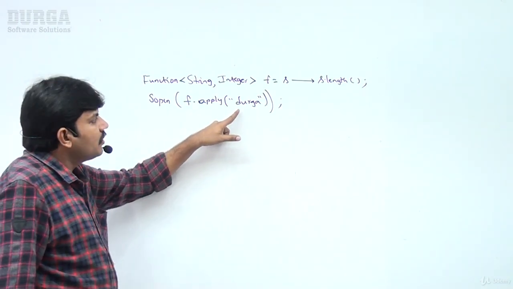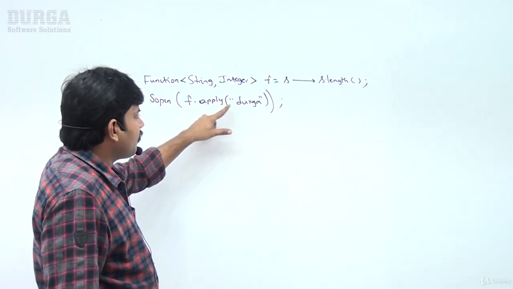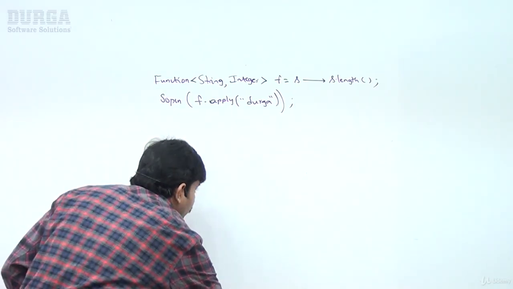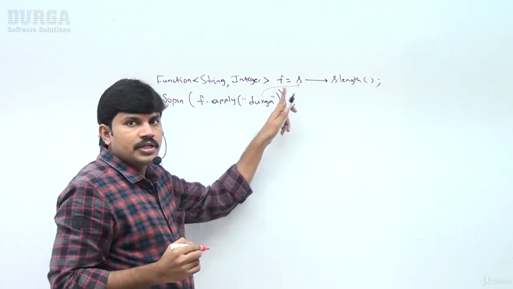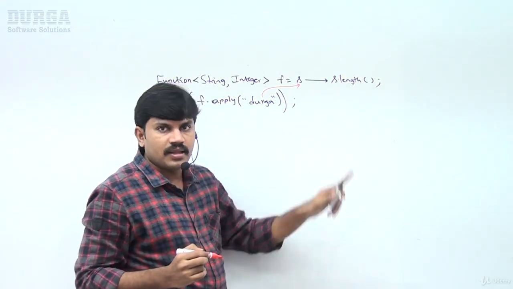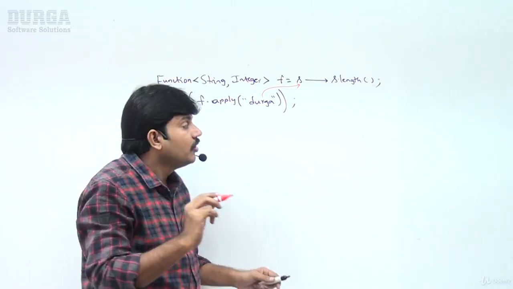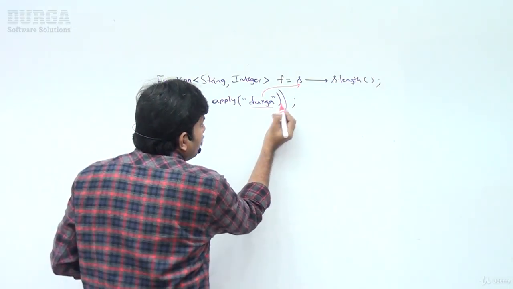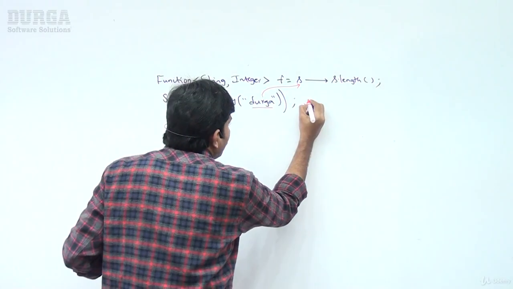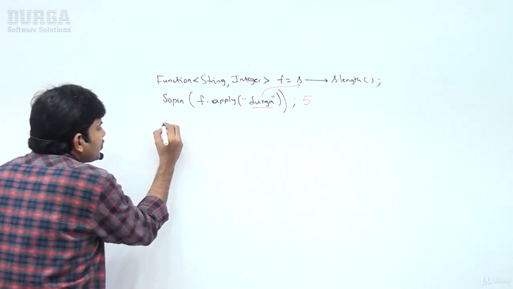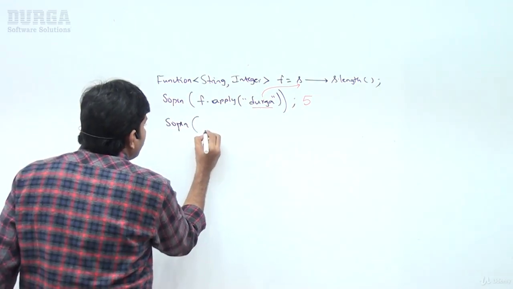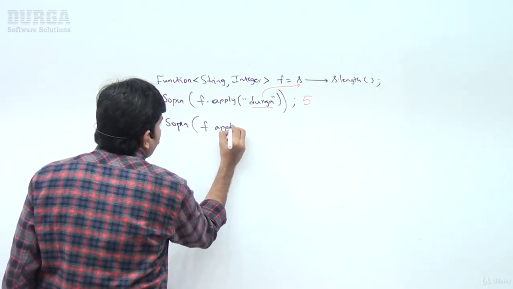Whenever f dot apply of Durga, now this Durga will become the argument. s will become Durga. It returns s dot length. Returns s dot length means what? What is the length of Durga? Here 5. 5 itself is the value, right? Are you getting? Same way here, System dot out dot println f dot apply.